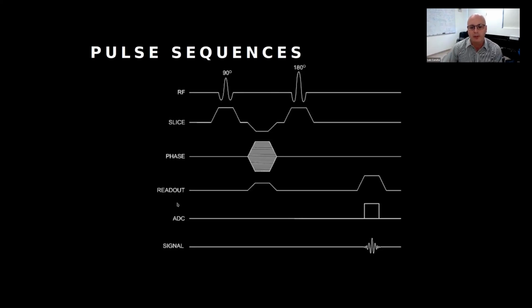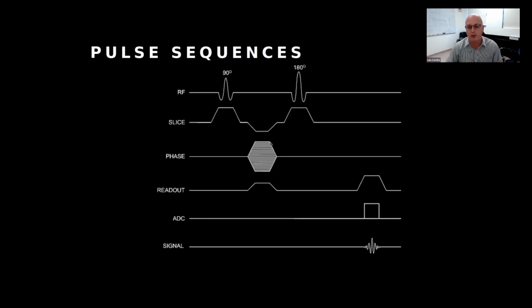So in a pulse sequence, you have your different ingredients on how you're going to make an image. For example, our first channel is the radio frequency, and it tells us how much radio frequency we're going to emit at one point in time, and then another point in time, and then how we're going to play out our magnetic field gradients, if we're going to be shifting the magnetic field from left to right or anterior to posterior or in some diagonal.